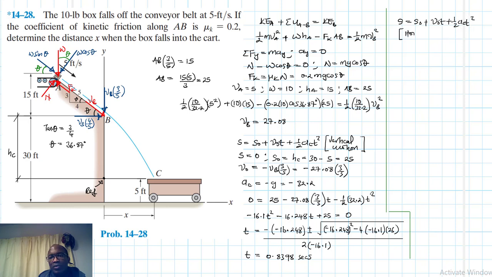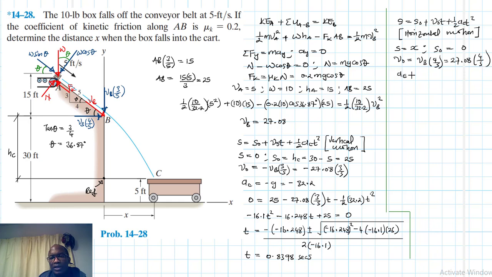We are considering horizontal motion, the same reference, our S therefore just becomes equal to X, and then S naught becomes equal to 0, and then V naught is just equal to positive VB 4 divided by 5, which is just 27.08 by 4/5.